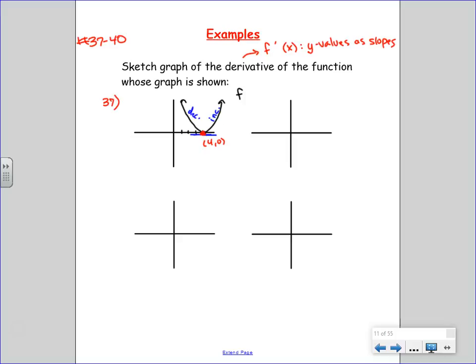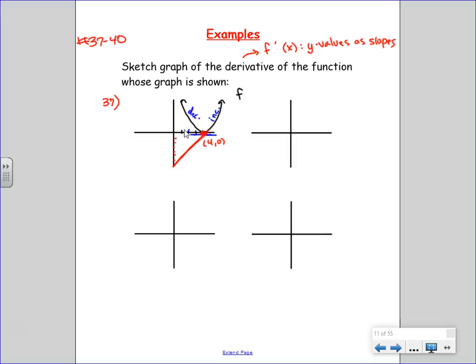And then if the function is decreasing before then, all of the derivative values, or y values, must be negative. Negative. Why are you going down? Negative, because they're negative y values.